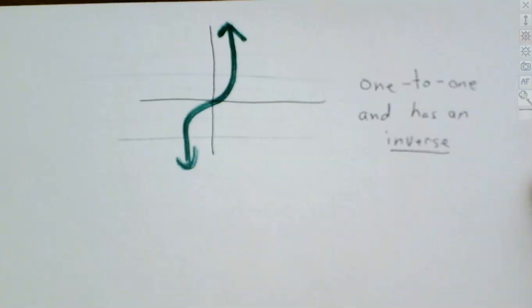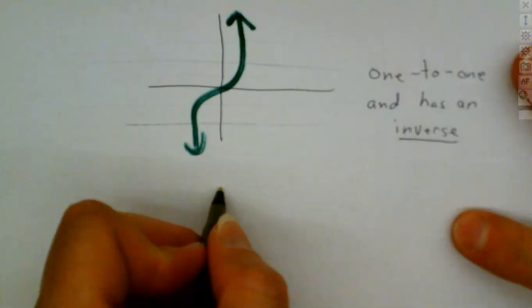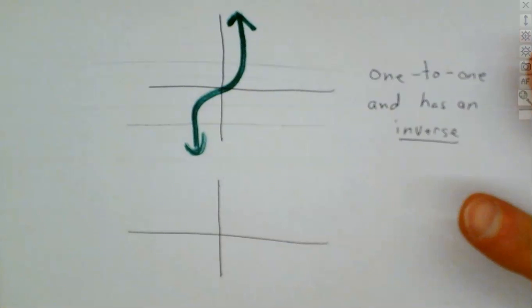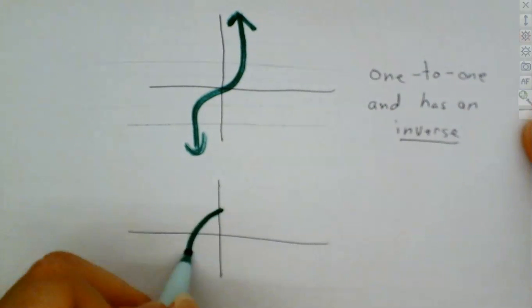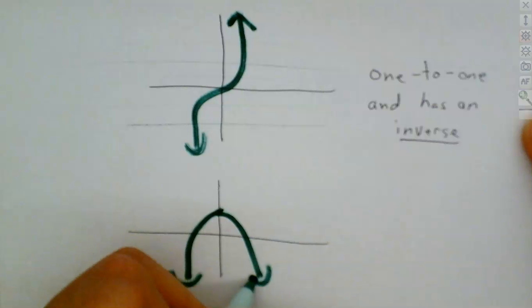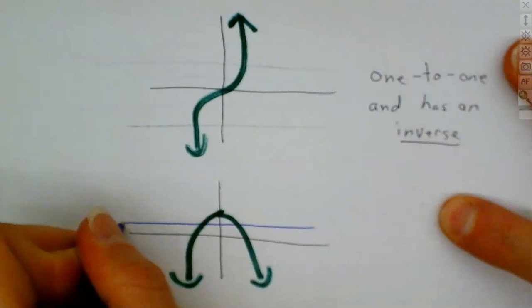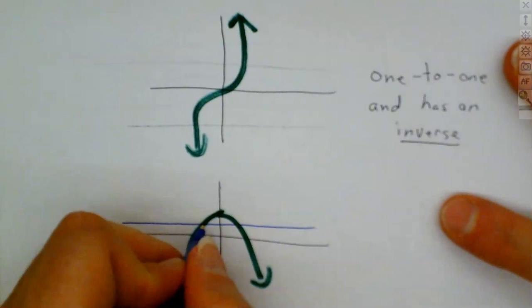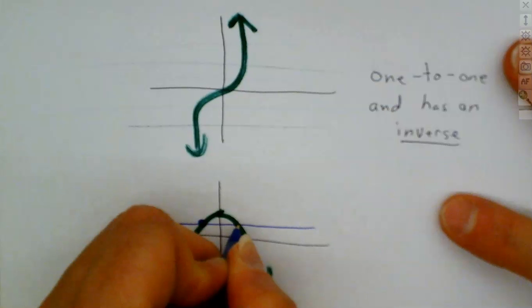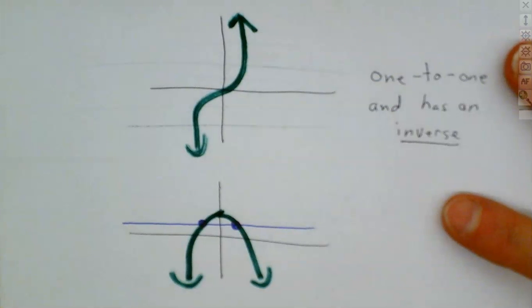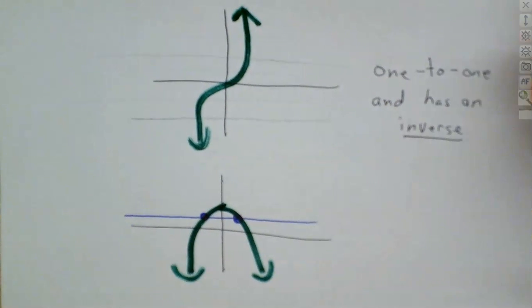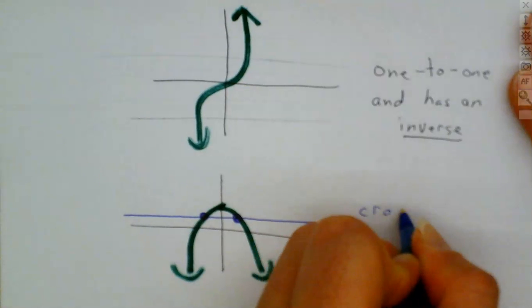Let's look at another one. What about a square? A square is a common graph. Does a square have an inverse? Squaring function like this. Does this have an inverse? Yes or no? Draw horizontal, not vertical lines. And if you draw a horizontal line, what happens there? It crosses at more than one place.